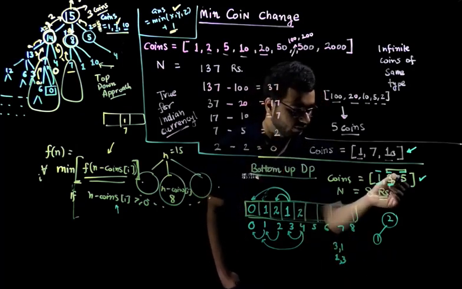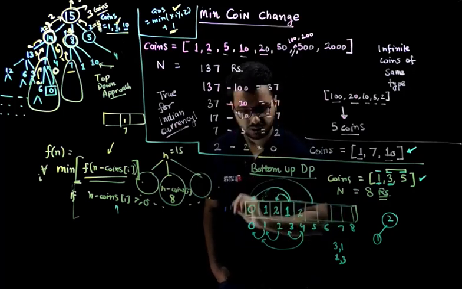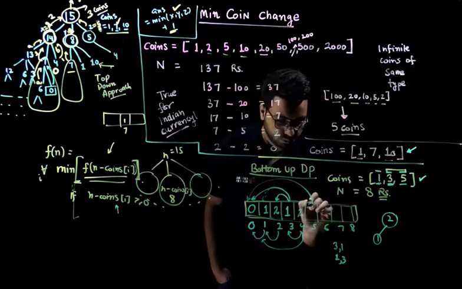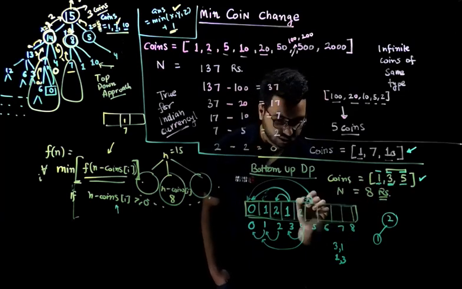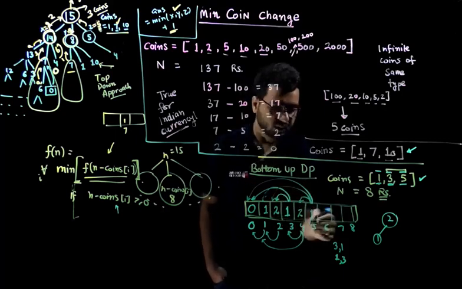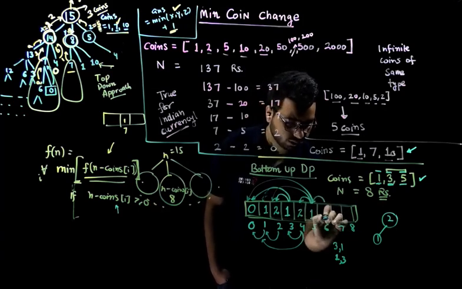To make 5, the best possible way would be to go to 0 by picking a 5 rupee coin, and you can definitely take the minimum between this and 5 minus 3, which is 2. So this is going to be 1. Similarly for 6, the best would be you go to 5, so it would be 2.